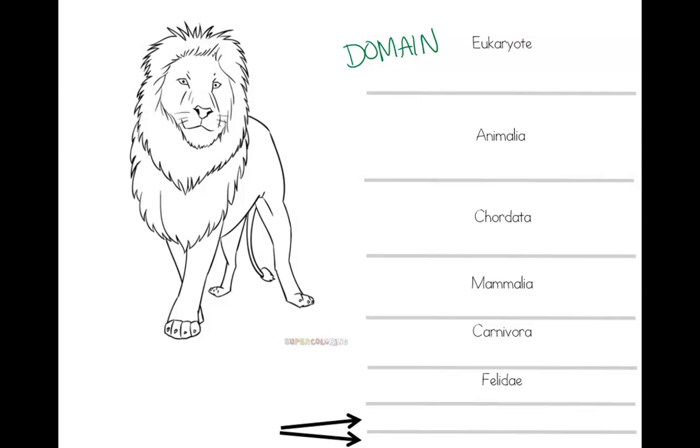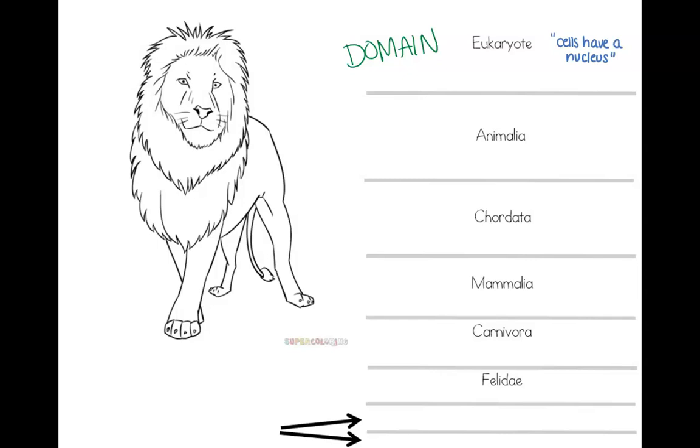Very general, but the domain is going to tell you something about the living thing in that group. So, for a lion, its domain is a eukaryote. And this is because the cells that make up a lion have a nucleus.